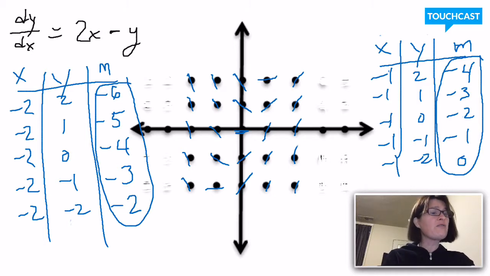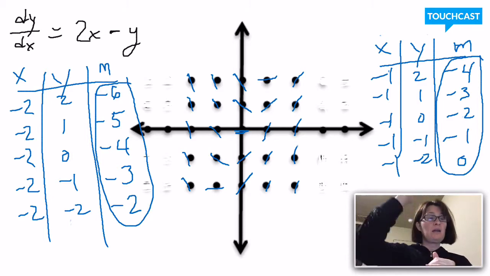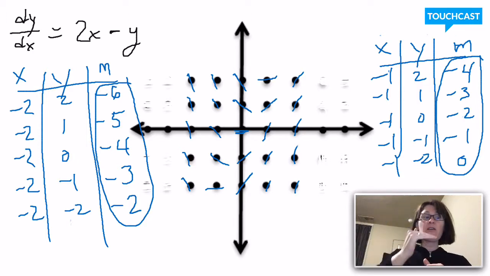So we have here our first slope field diagram that has both an x and a y in the differential function. So notice how this slope field diagram is different from the one we made for y prime equals 2x. When we graphed the slope field diagram for y prime equals 2x, it didn't matter what y value we used because y wasn't in the function, so up and down the same x value on the same vertical line, we had a bunch of parallel line segments.